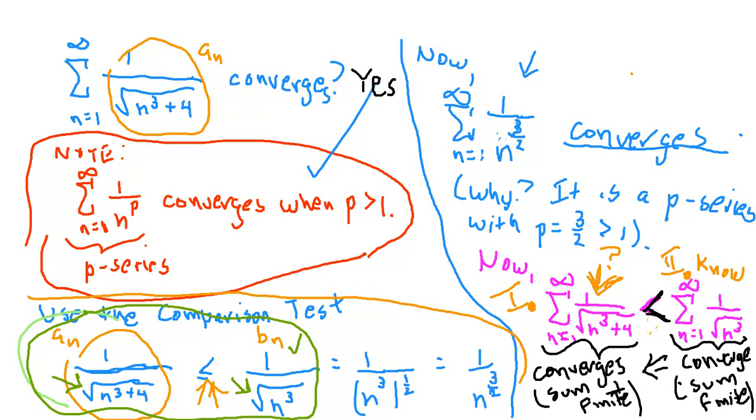If the series that we are interested in is bigger than a convergent series, you can't say anything. You can't tell, and that means in that case you have to use another type of test. And actually, that's a great question, because it's going to lead us into our next example.